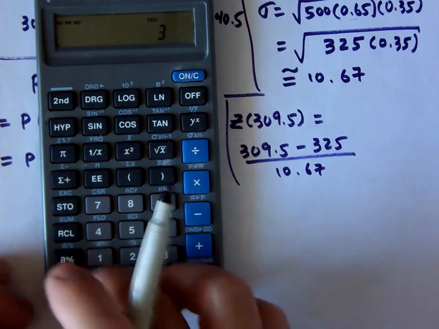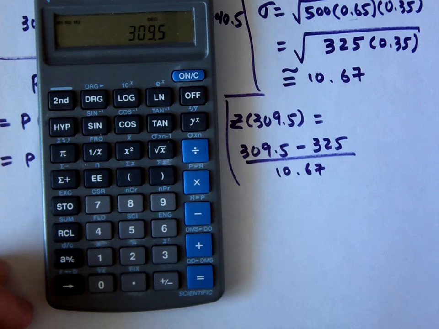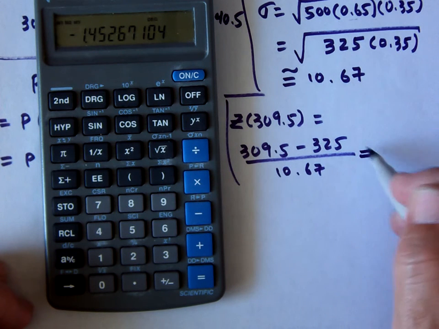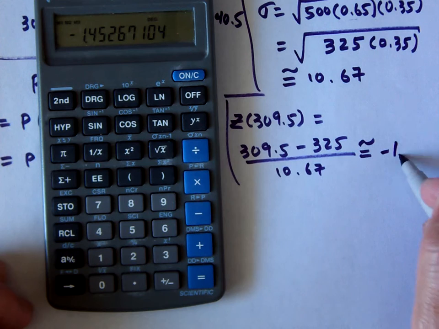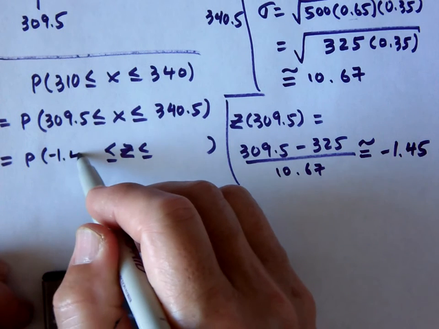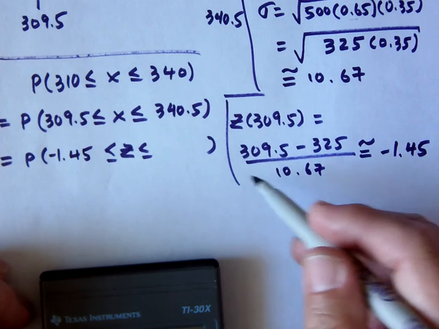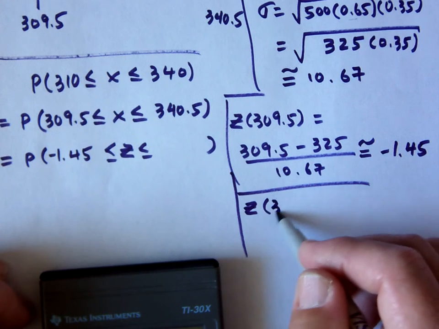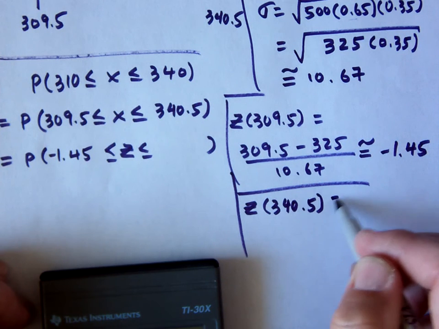309.5 minus recall 1, remember I already stored that number in the memory, equals, divided by recall 2, equals. I'm getting about negative 1.45. So that's our first Z value. Then another one, Z of 340.5.